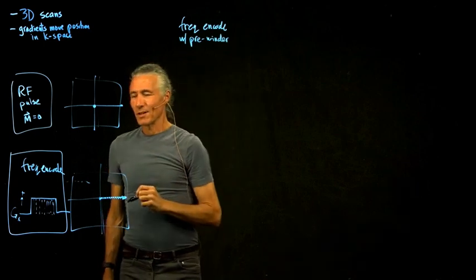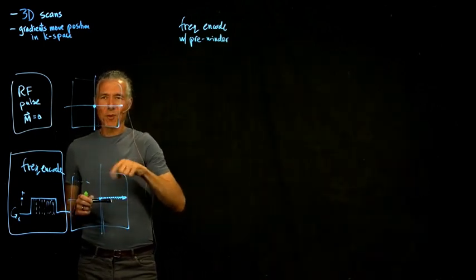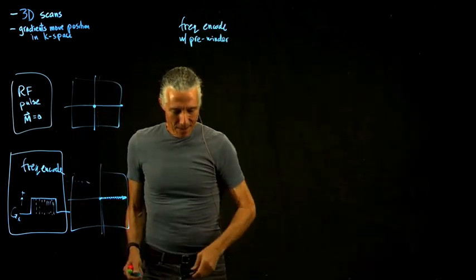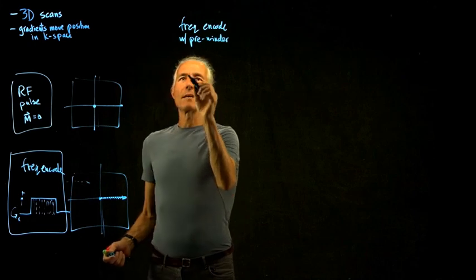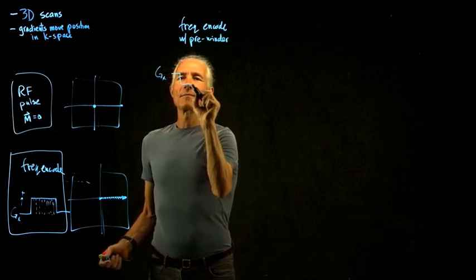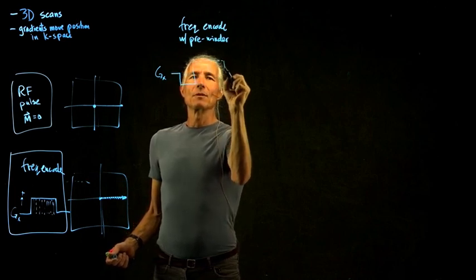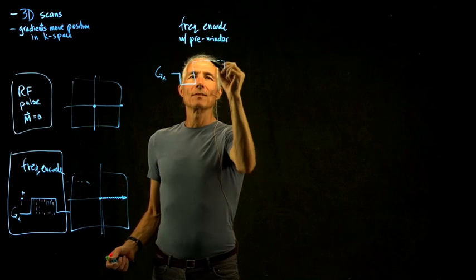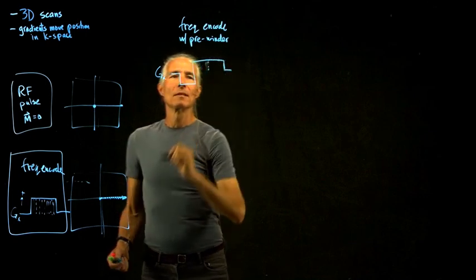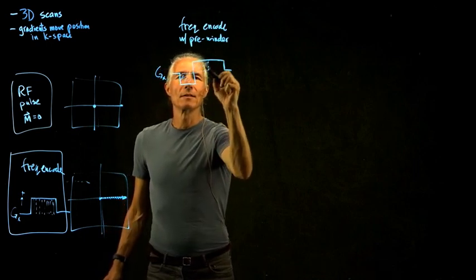That's what the physicists call it. You think of it as winding up the spin phase, which is why it's called the pre-winder. That looks like you turn the X gradient on by first going negative and then going positive for two equivalent amounts, so that this area equals this area.